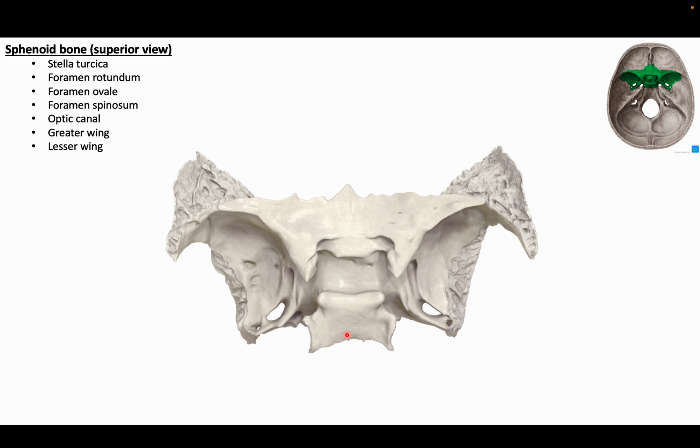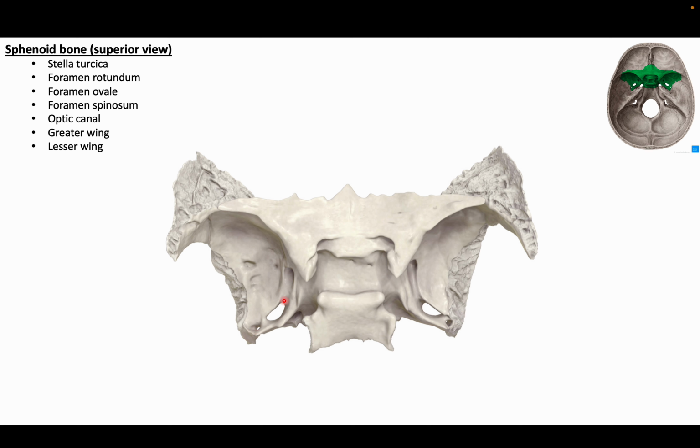And what you can also see here are three tiny holes that were not visible before. So these three tiny holes, they have the word foramen in the front. So this hole right here that you can see, this is the foramen rotundum. The bigger hole here, that is called the foramen ovale. And then the smallest hole here, that is called the foramen spinosum. Okay.